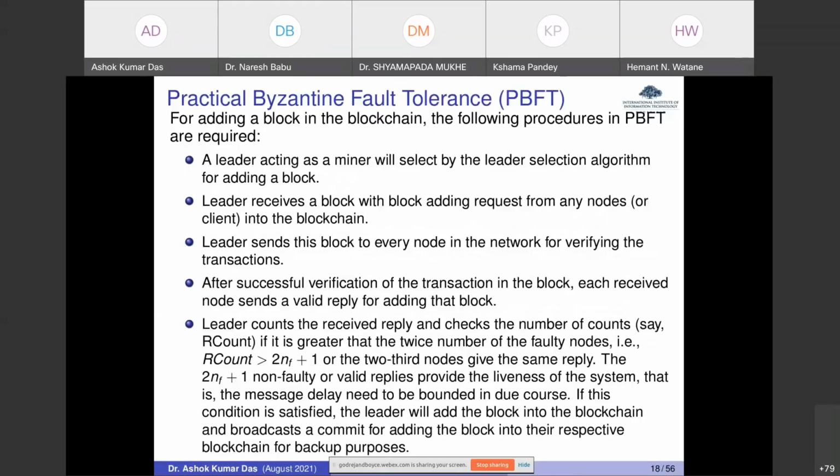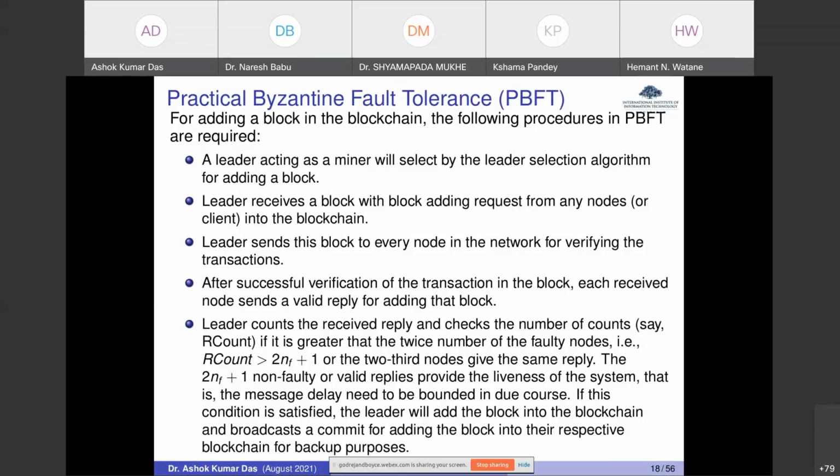So suppose that we have a block that needs to be added in the blockchain using some consensus mechanism, let it be PBFT. What steps are required here?